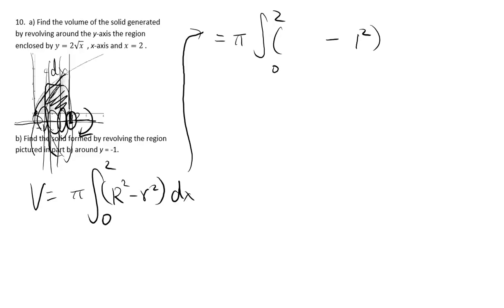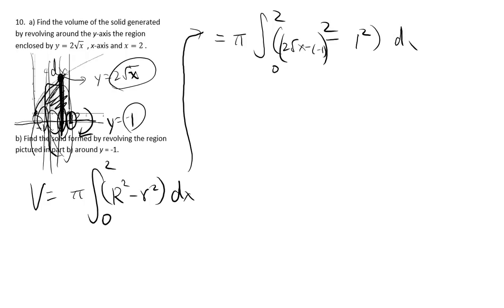But what about capital R? Capital R will be from this y equals negative 1 until this one here, y equals 2 radical x. So this distance is the difference between the y values, and since the y values are these two, you have to do 2 radical x minus negative 1, squared, dx.